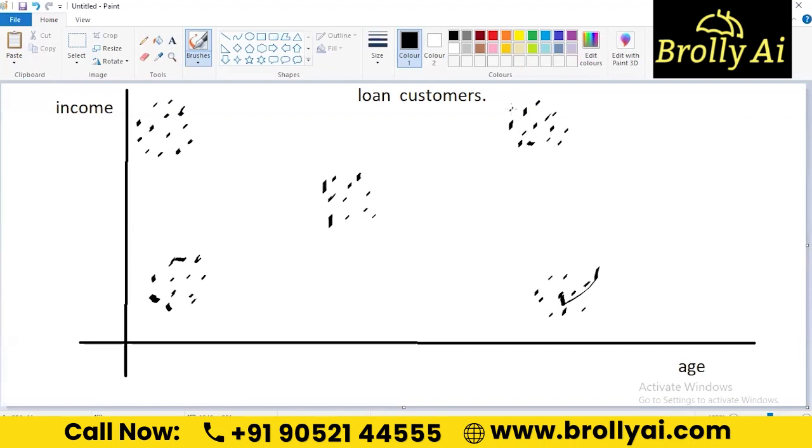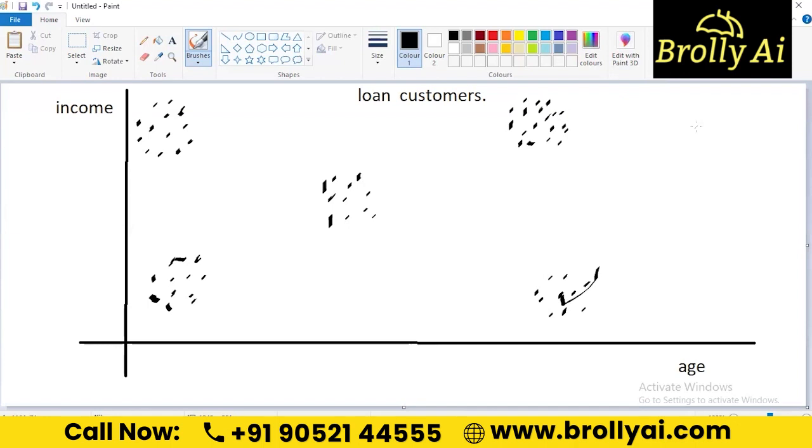Think that totally 1,000 customers are there for your bank. Let's say your bank is ICICI. These are customers who already took the loan, and they are paying to the bank. Total 1,000 customers I have.